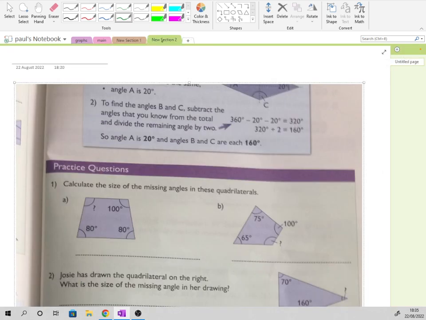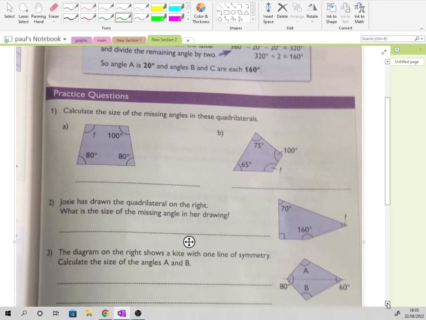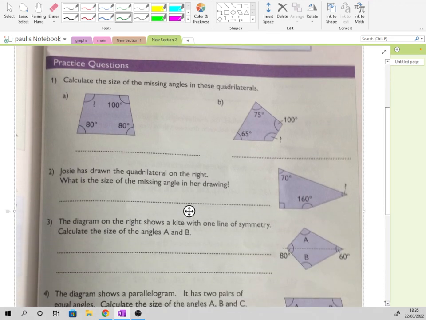I think we've got some quadrilaterals here. Right, calculate the size of the missing angles in the quadrilateral. Remember, 360. So we've got 260 with these three. So we need 360 minus 260, which equals 100 degrees. And this one's a bit more complicated.